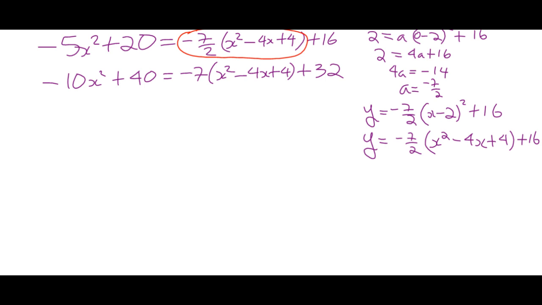So negative 10x squared plus 40 is equal to negative 7x squared plus 28x minus 28 plus 32. Okay? Don't do too much at once. One of the biggest problems, where people go wrong, is doing too much at once. Like if I multiply it by 4 and add the 32 at the same time, all of a sudden it becomes plus 60 instead of plus 4.